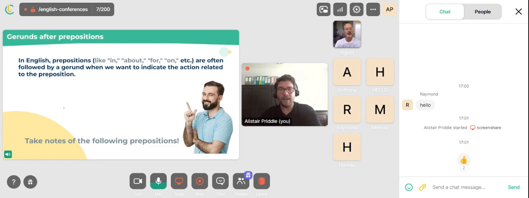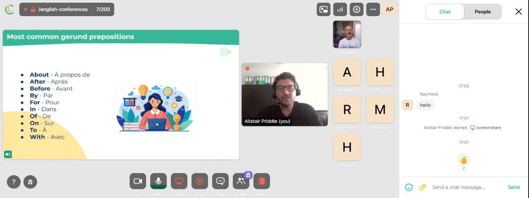Let's have a think now about gerunds after prepositions. In English, prepositions like in, about, for, on, etc. are often followed by a gerund when we want to indicate the action related to the preposition. Please take note of the following prepositions. Here we have a list of some common gerund prepositions. Have a listen as I read through the list twice.